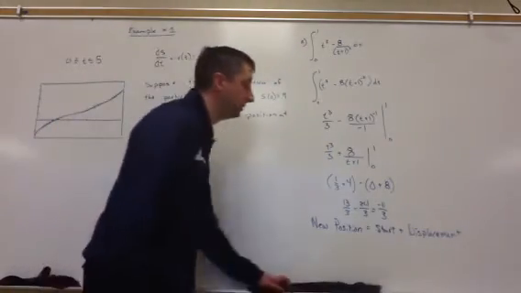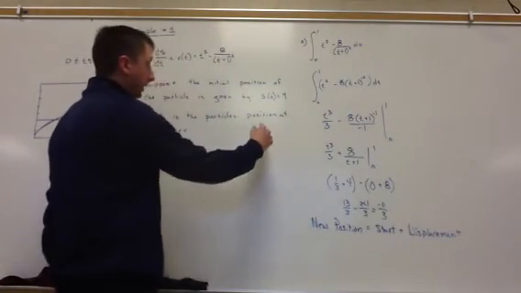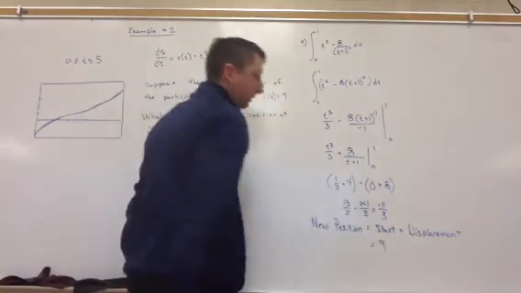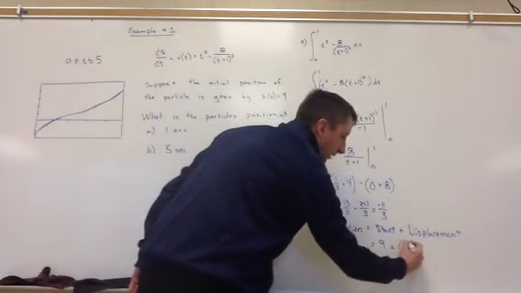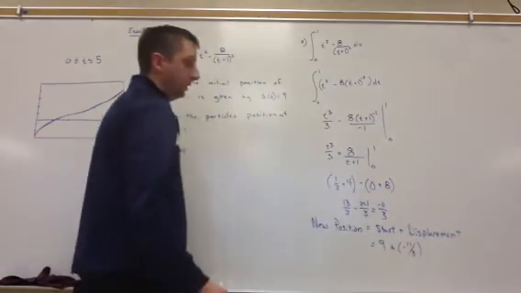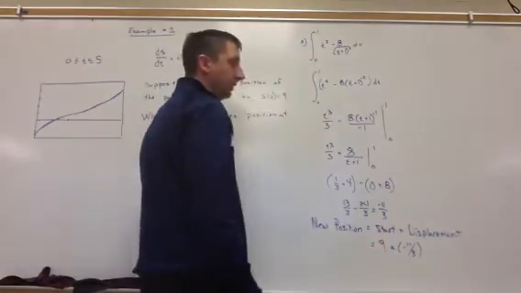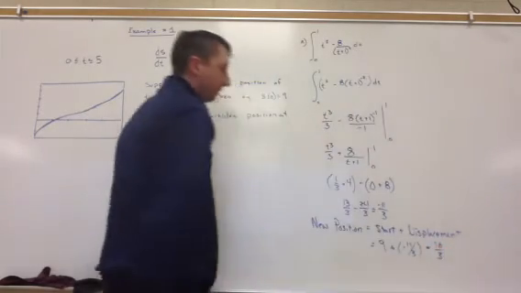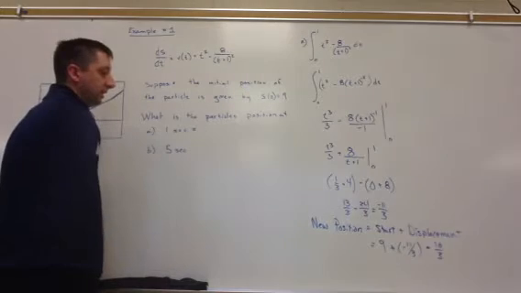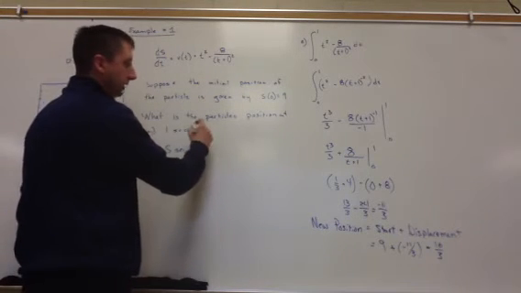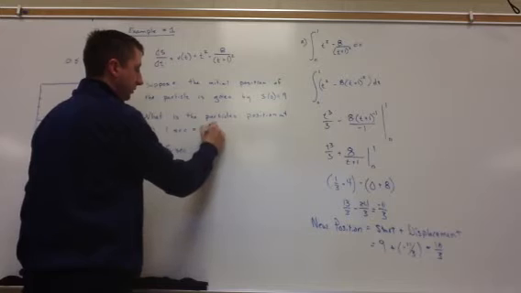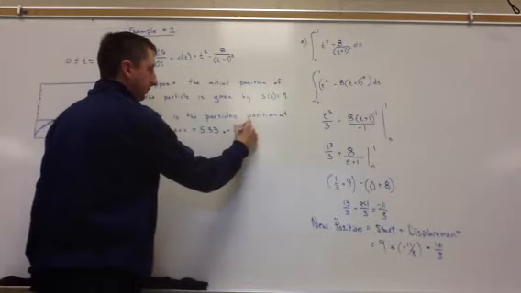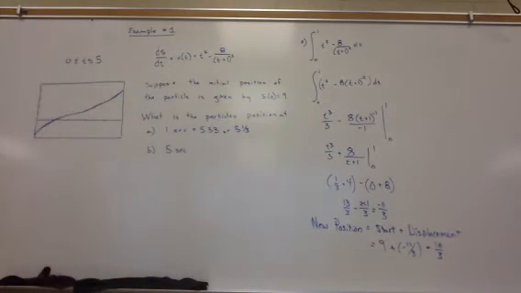So in this case, its new position is going to be, it started at 9, and then we're going to add negative 11/3, and so I'm going to get 27/3 minus 11/3, which is going to be 16/3. So its position after 1 second is going to be equal to 5.33, or 5 1/3. Okay?